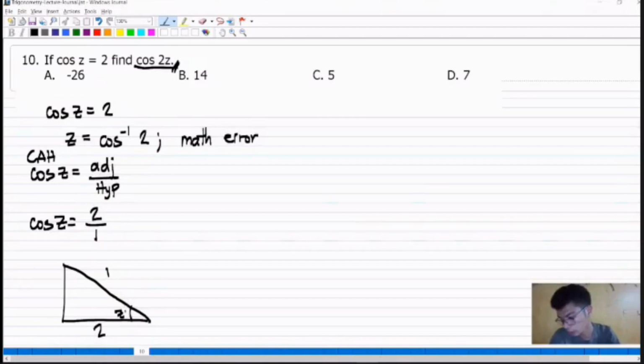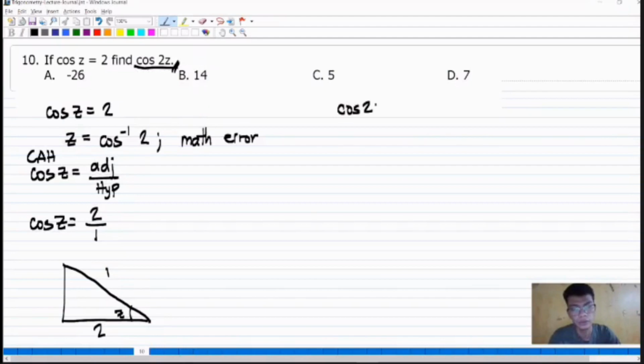So, paano natin kukunin yung value ni z? Cosine 2z. So, using trigonometric identities, dapat ito alam natin.